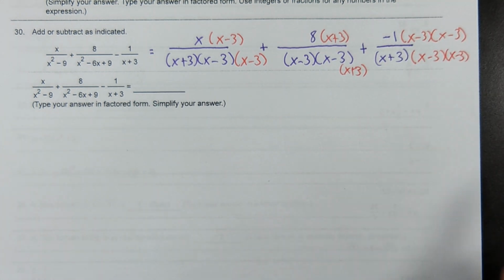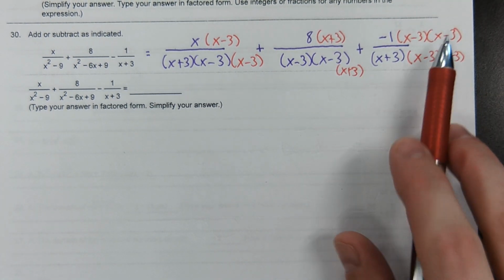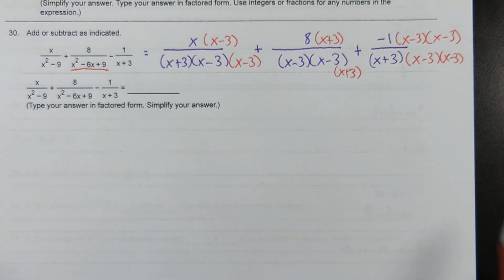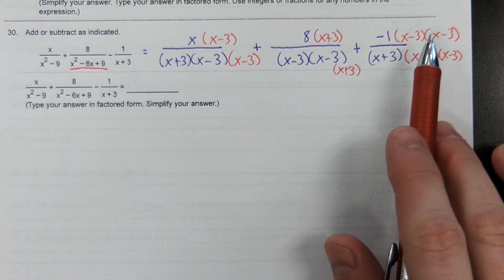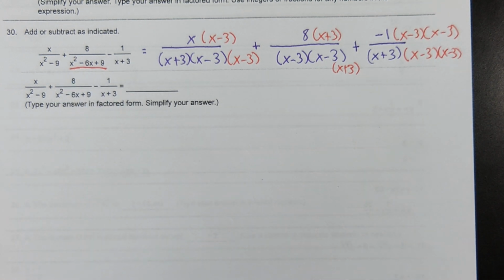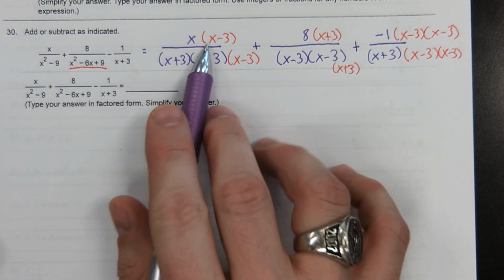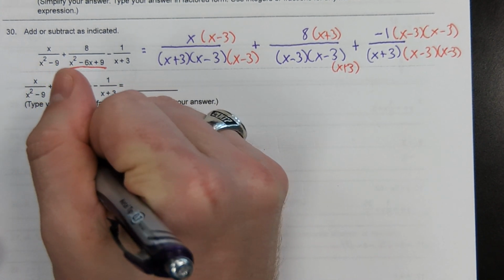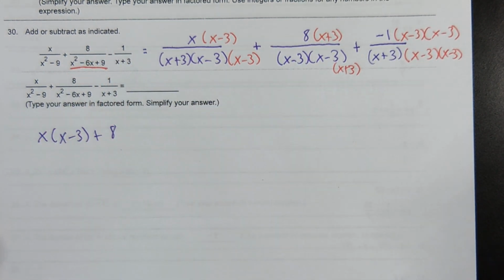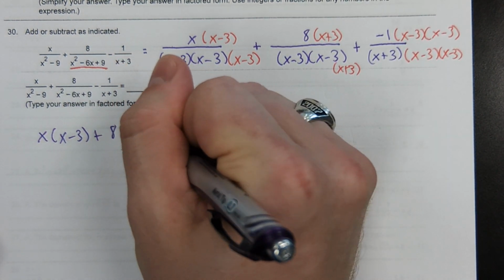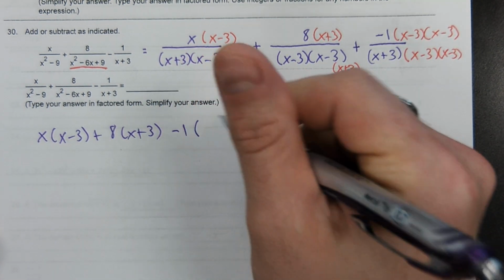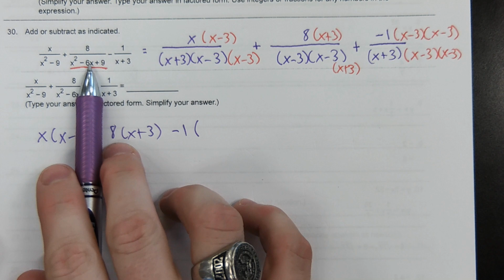But just so you know, x minus 3 times x minus 3, that is this. So when I combine this to one fraction, instead of writing x minus 3 times x minus 3, I'm going to write what it equals. That right there. So one fraction. I've got x times x minus 3 plus 8 times x plus 3 minus 1 times what x minus 3 times x minus 3 equals.